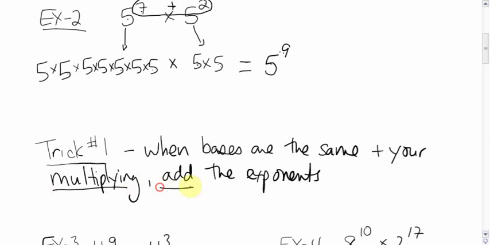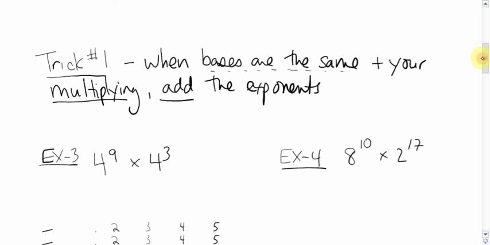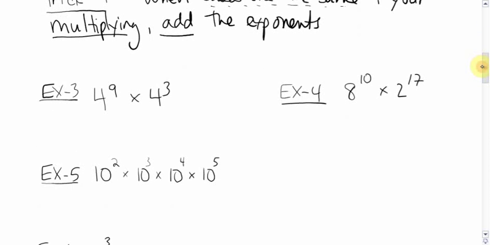So when you're multiplying, you add the exponents. But again, it only works when the bases are the same. If these two numbers were different, we could not use this trick. Let's try this out on these three examples here.